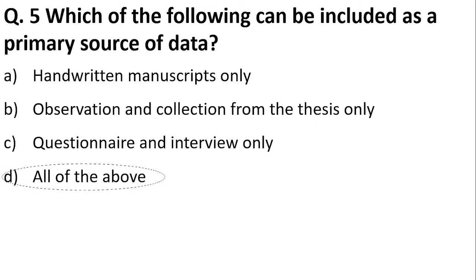If you are taking from any websites or internet, then you will call it secondary source of data. While all these things that you have collected on your own, handwritten manuscripts, observation and collection from thesis, questionnaires and interviews, are a kind of primary source of data.